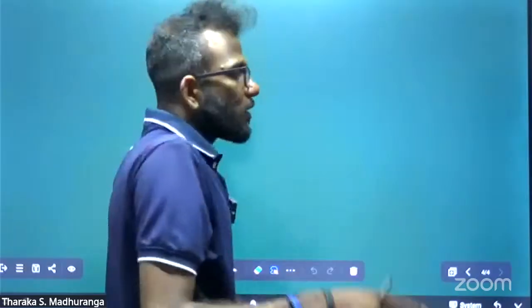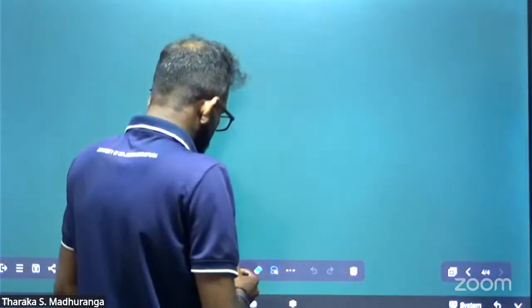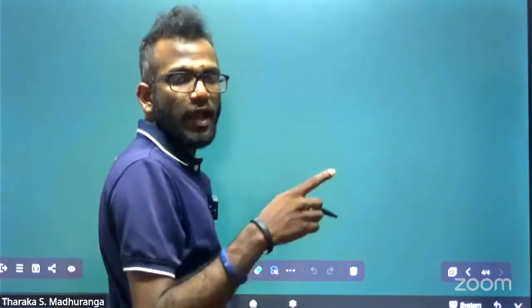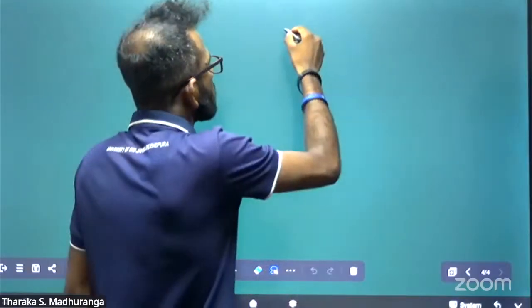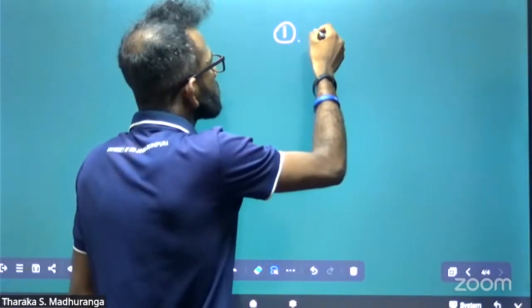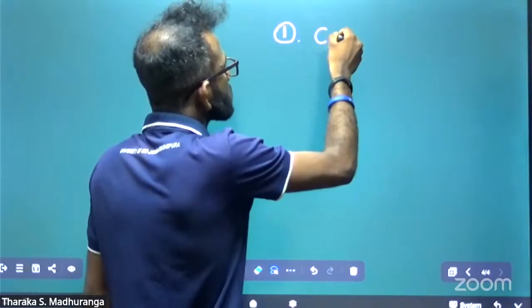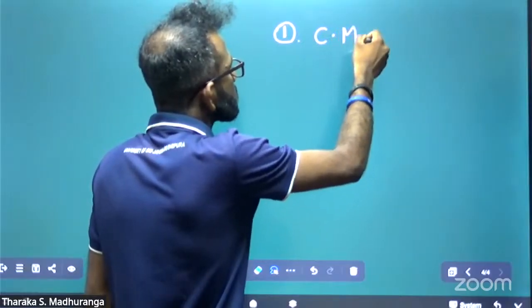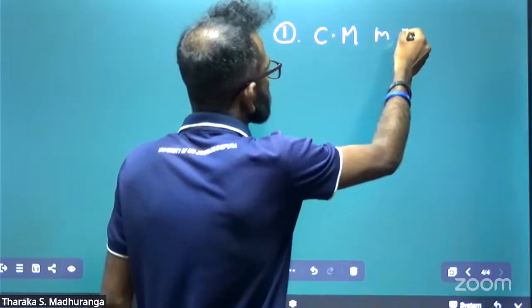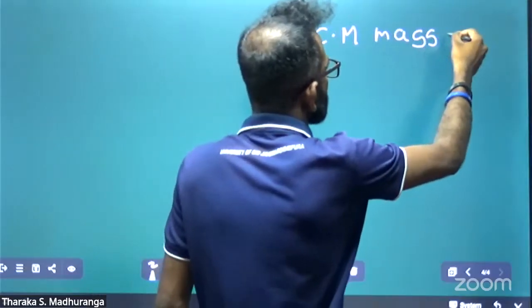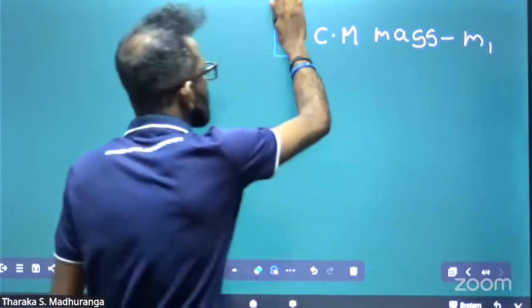We need to get readings as in the previous experiment. The first reading is the mass of the empty calorimeter. The empty calorimeter mass we record as M1.